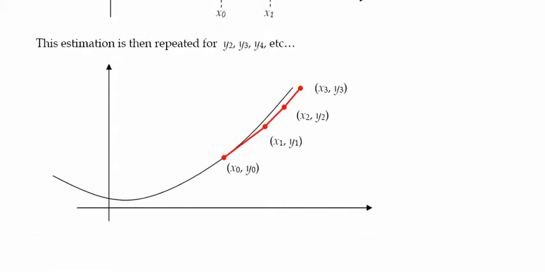As you repeat this approximation, eventually we will come up with the point we want to calculate. So we are going to look at example number 1 to see how this can be done using Euler's method.